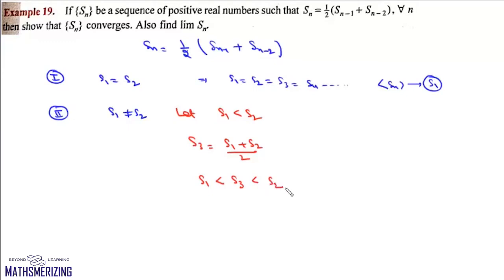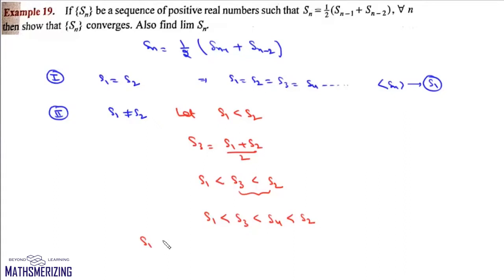Now S4 is arithmetic mean between S3 and S2. So S4 will lie between S3 and S2. We'll write S1 will be less than S3, will be less than S4, and will be less than S2. So if we continue this pattern, we'll end up getting two subsequences.